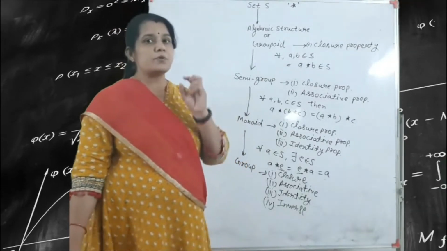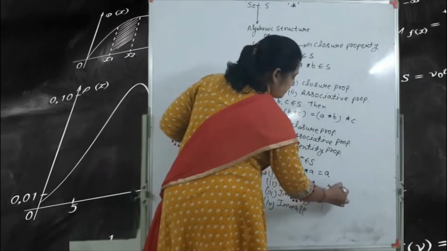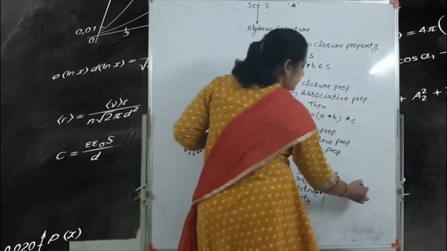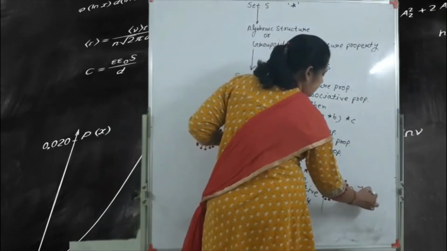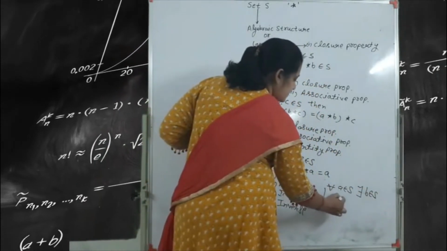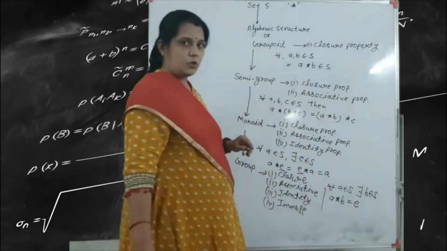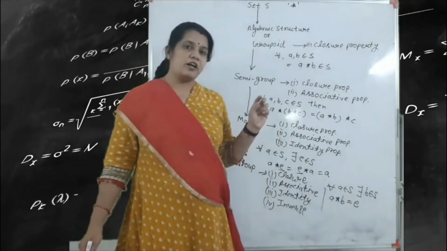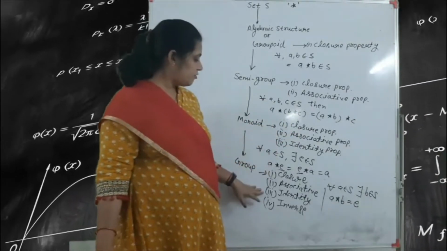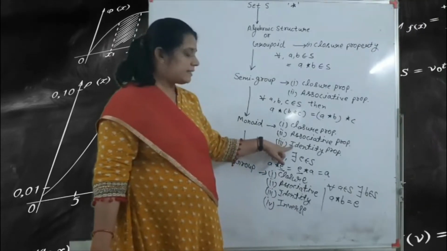So what is the process for finding the inverse? For all A belongs to capital S, there exists B belongs to S such that A star B is equal to the identity element. There is a trick, or you can say a very important logic: before finding the inverse, you find out the identity property.